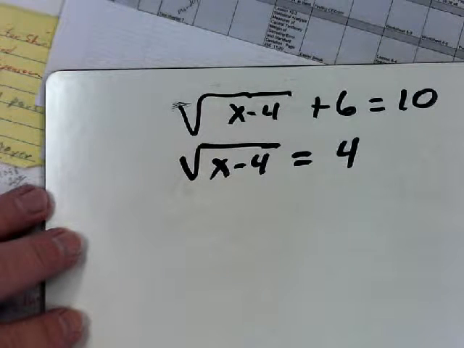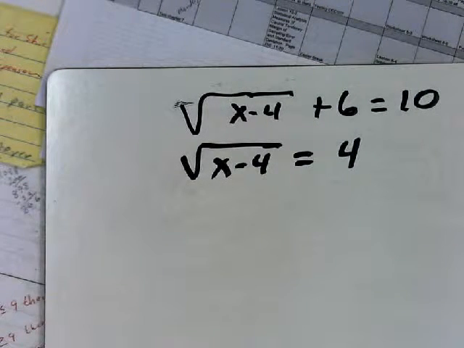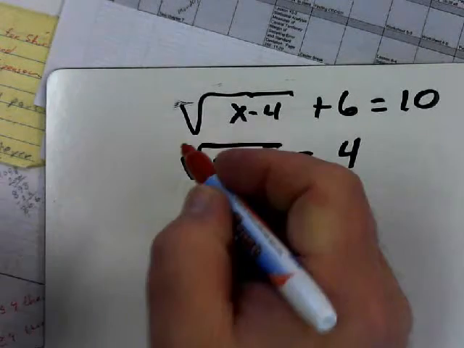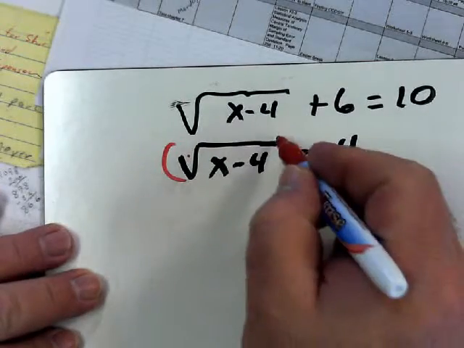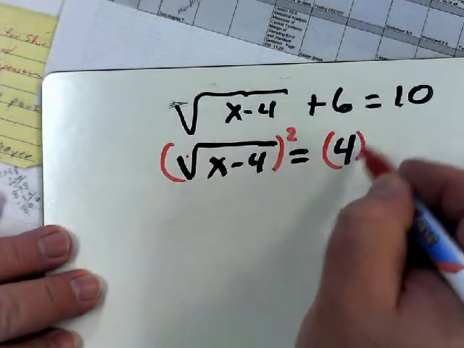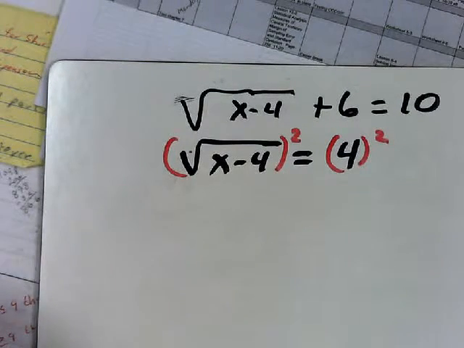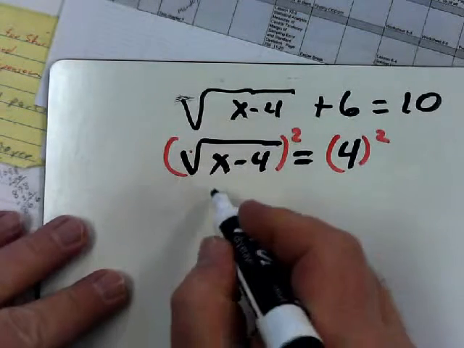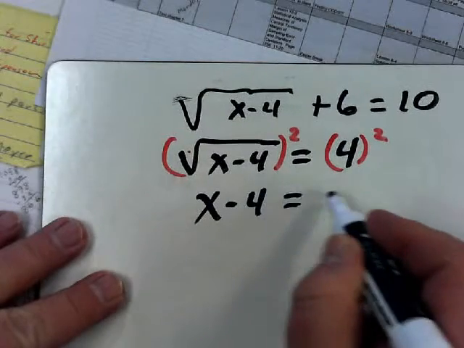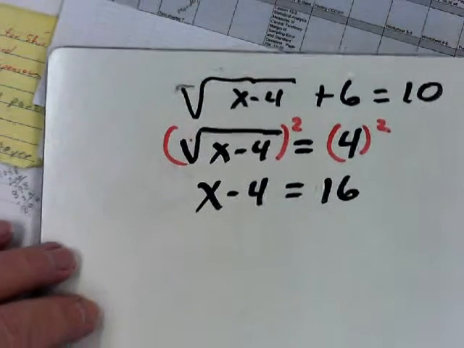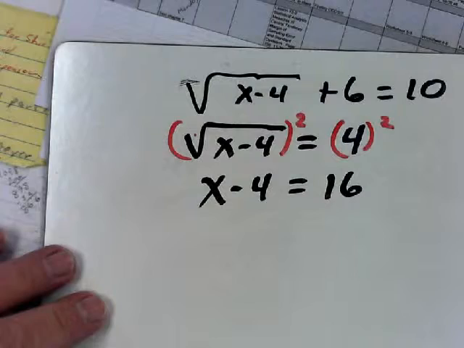And then square everything. Okay, since the index is 2, I need to square both sides. So you get x minus 4 equals 16. And then you solve it to get x equals 20.